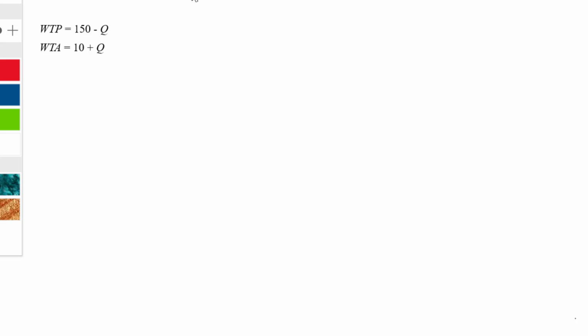Right, so what we're going to start with is just a vertical axis. I'm still learning how to use a digital piece of paper. Maybe it'll get easier over time.